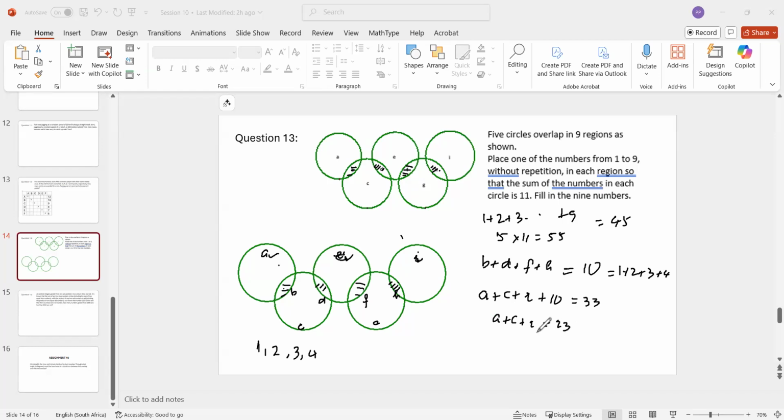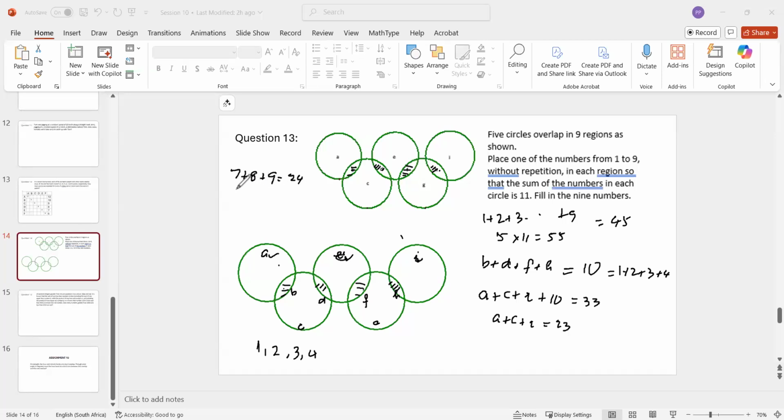Now, this is quite a large number because 8 plus 8 plus 8 is 24. So you know that 7 plus 8 plus 9 is 24, right? Those are the 3 largest numbers, but you got 23. So how can you get 23? You have to reduce it by 1 more.